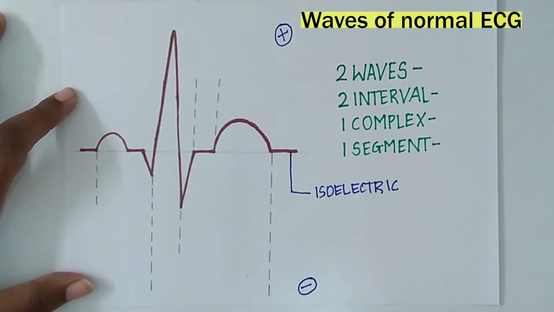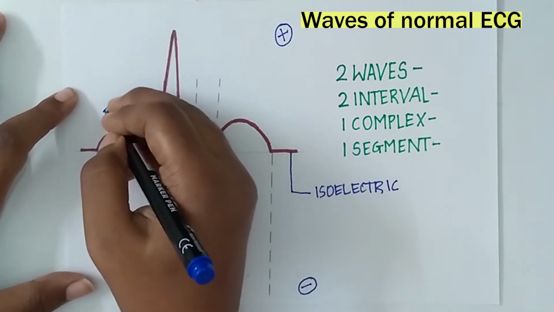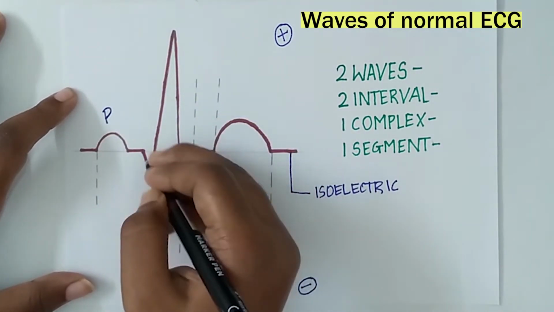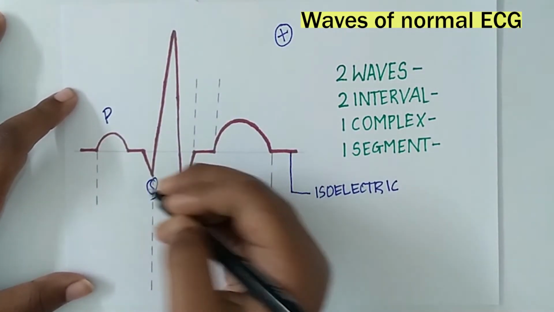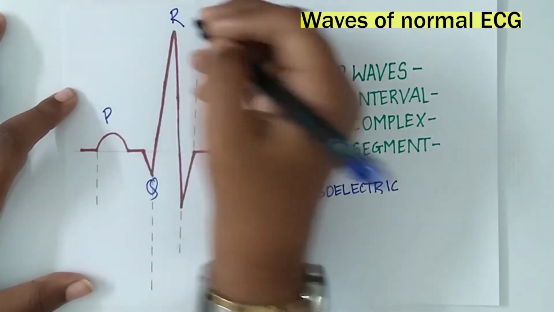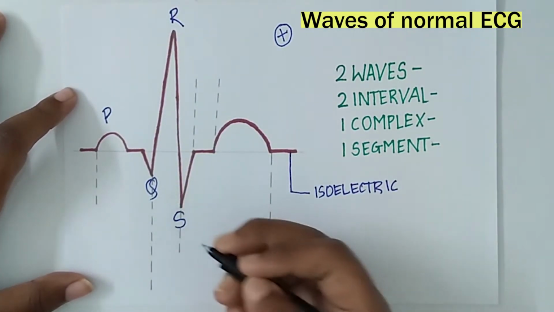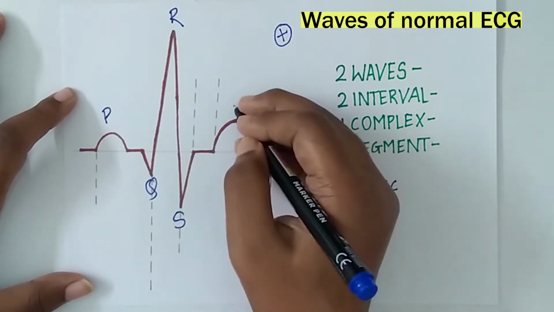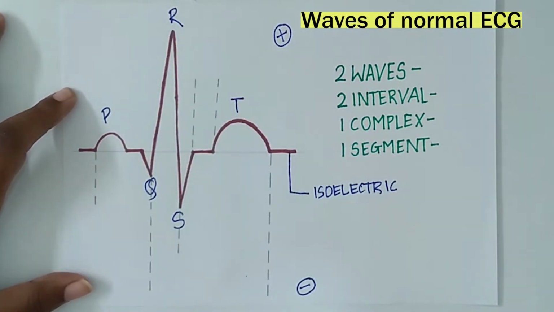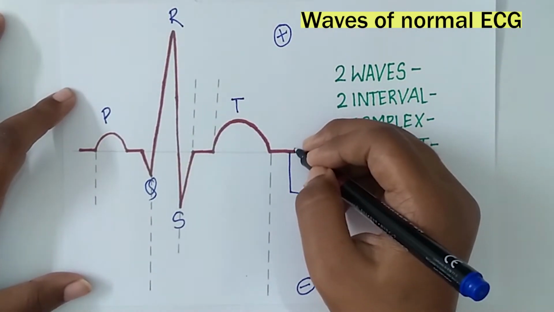So we have P wave, which is positive in nature, negative Q wave, positive R wave, a negative S wave, and again a positive T wave. Some ECGs sometimes show a small U wave.